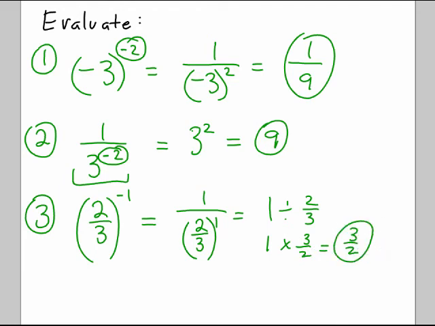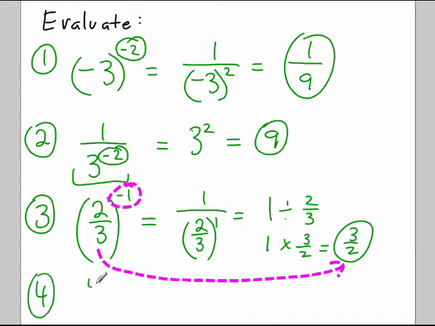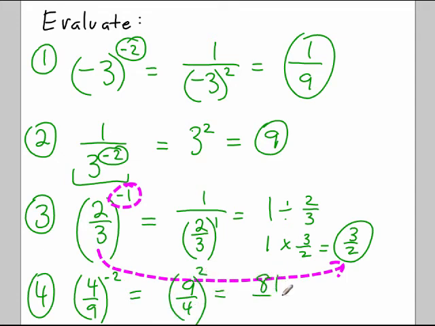So there's a little bit of a shortcut you can use when you're dealing with fractions to a negative exponent. You simply reciprocate the base and make the exponent positive. So if you had 4 over 9 to the negative 2, we can see from our previous example the answer should be the same as 9 over 4 to the positive 2. We then square the numerator and the denominator and we get 81 over 16.